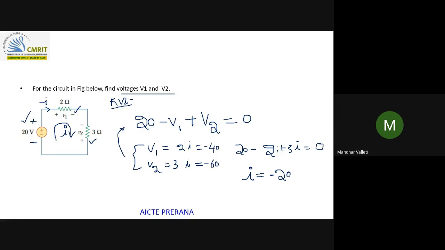It is asked here that the polarities were given differently, but when we are writing in the current direction, wherever current is entering, there plus, wherever current is leaving, there minus.